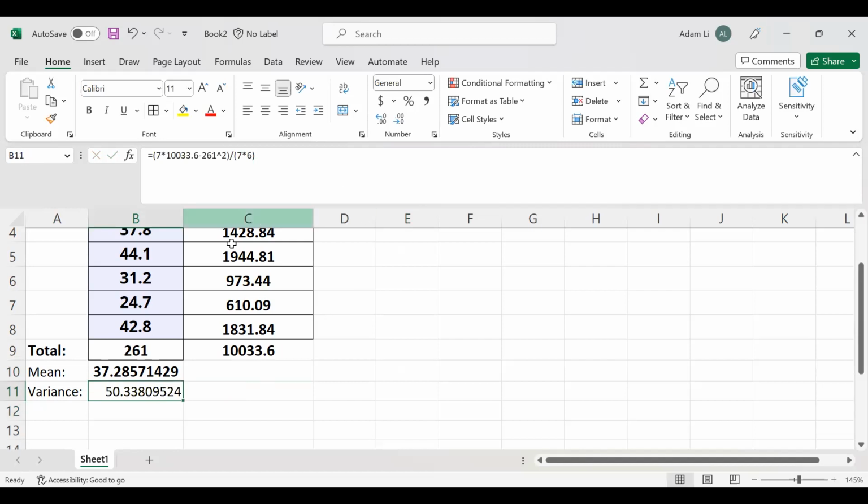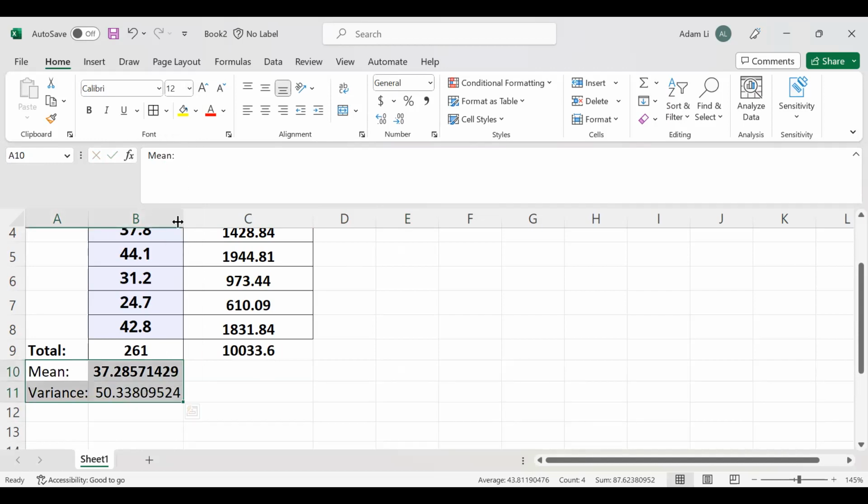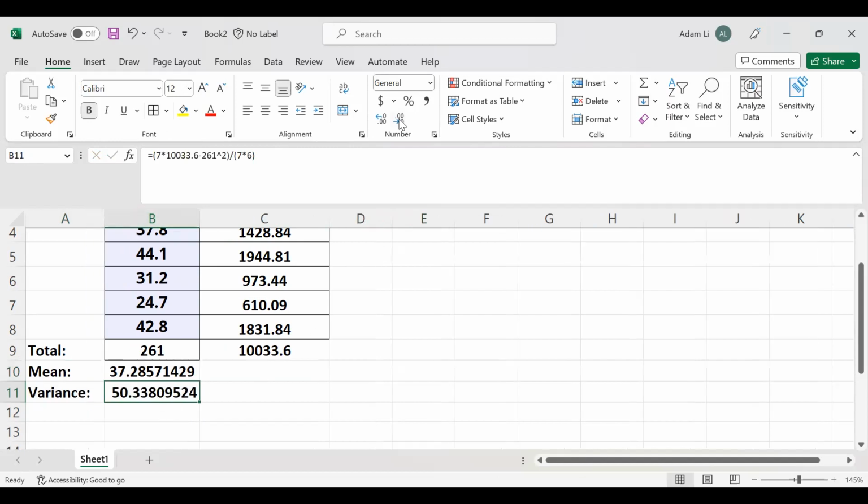We round it to two decimal places. Yes, all right, it's going to be 50.34. That's all we need, right? 50.34.